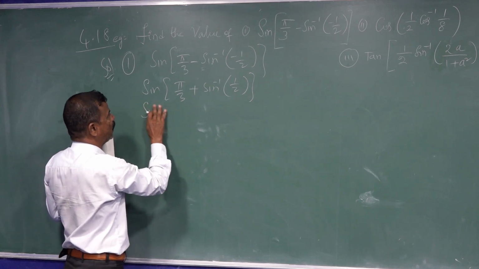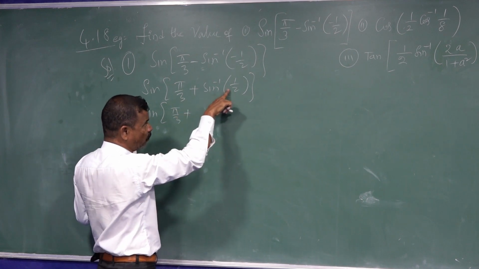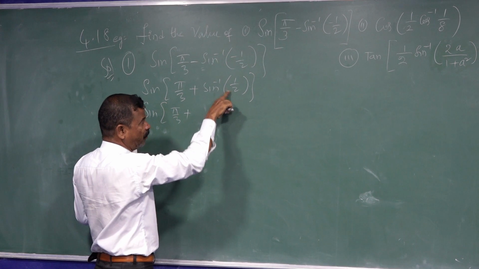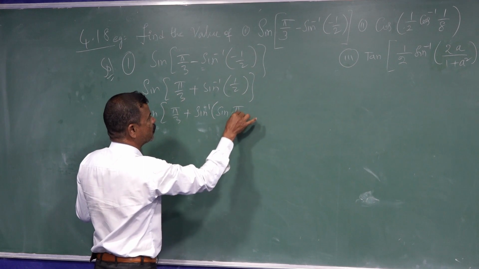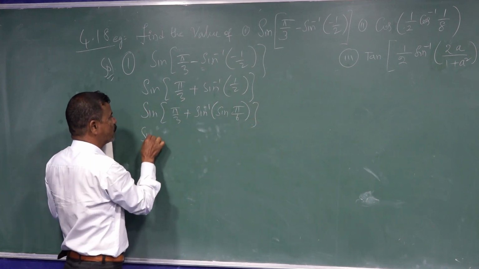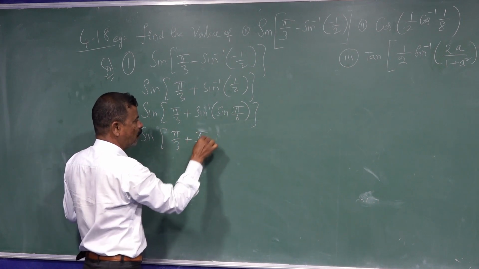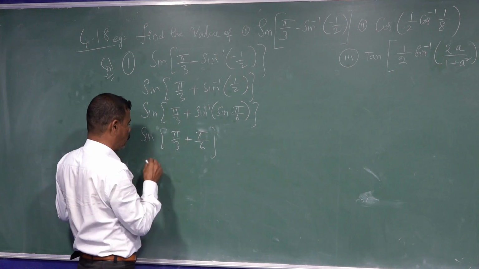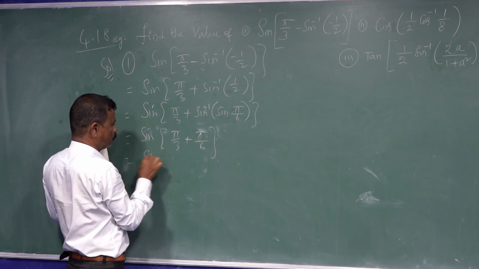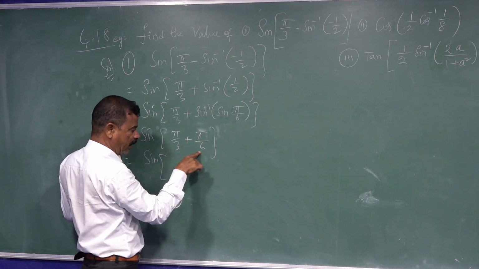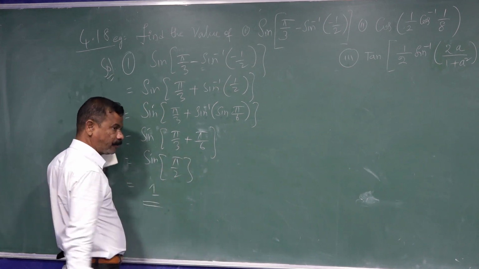Sine inverse of sine of 5 by 3 plus sine inverse 1 by 2. This is sine 30 value. Sine inverse of sine 30 is 5 by 6. Now sine 5 by 3 plus, this cancelled, 5 by 6. This is less than 90 degrees. So here sine of, this is 60, this is 30, 90. Sine 90, so sine 90 value is 1 by 2.